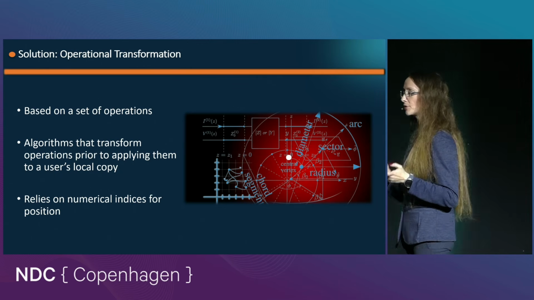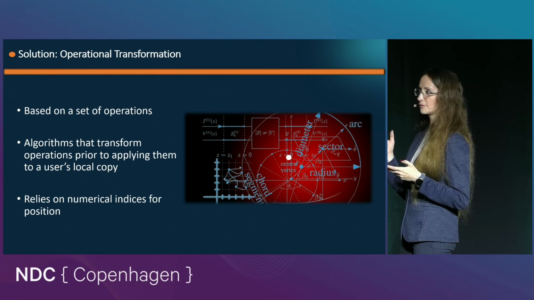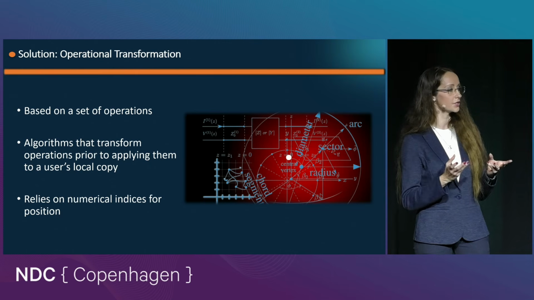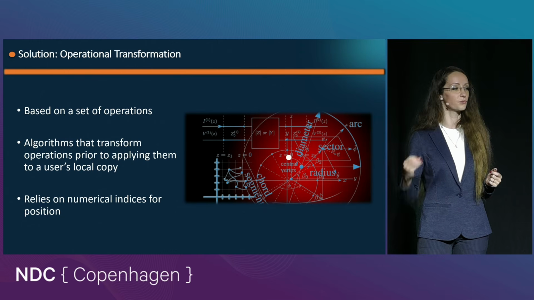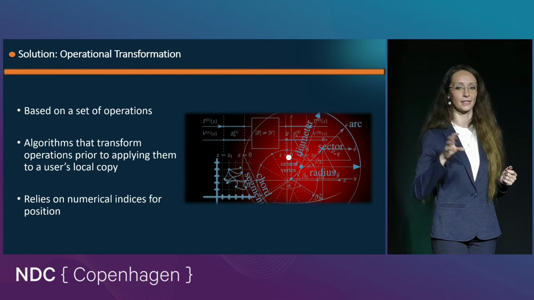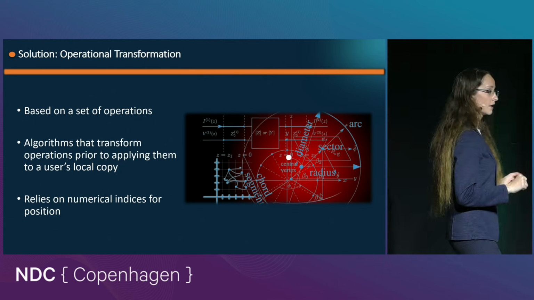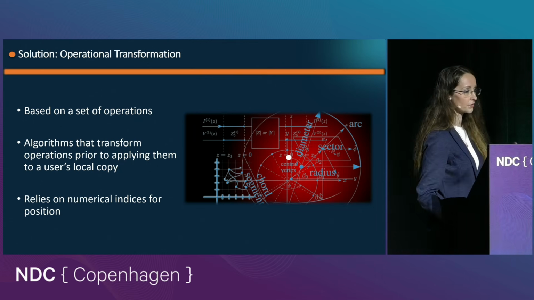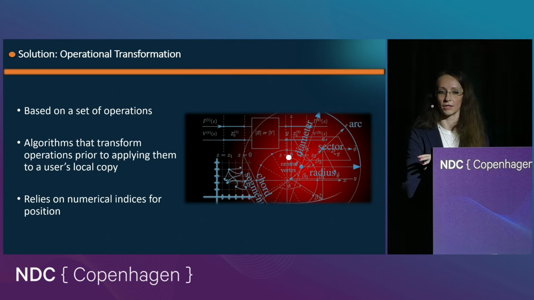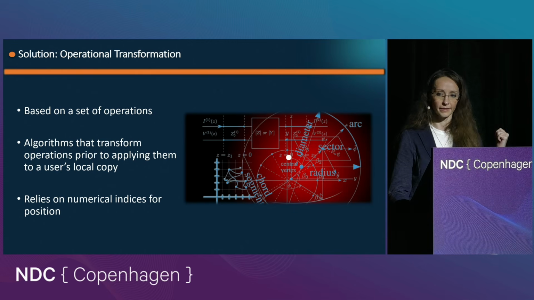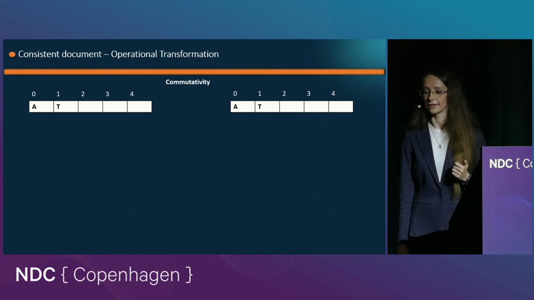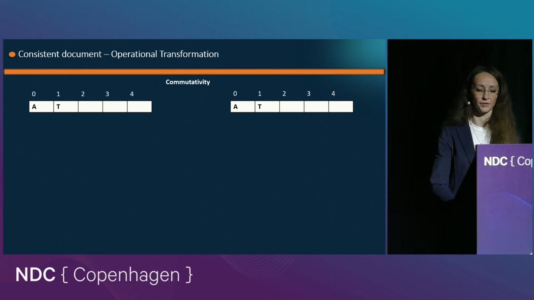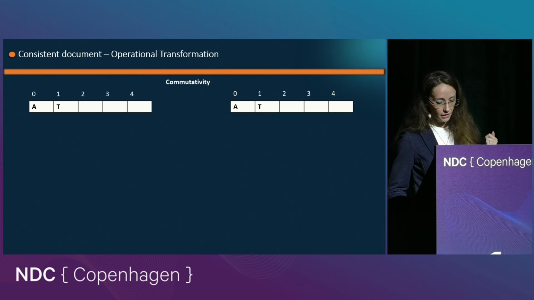So operational transformation, when we think of the terminology, means that we need to transform those indexes before we start applying the operations that rely on them. Let's see how this can solve our previous problem. Remember those two letters, A and T, for the commutativity operation, the first one.